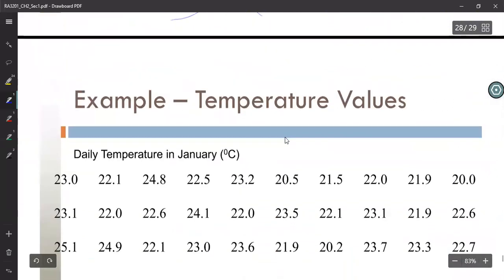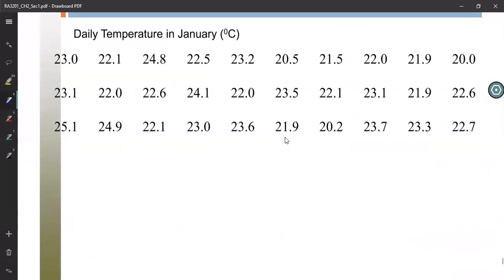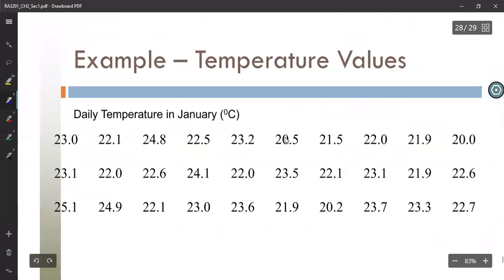So here's an example for you. You have the daily temperature values for the month of January, but this contains only 30 values, not 31. Okay, only 30 observations.